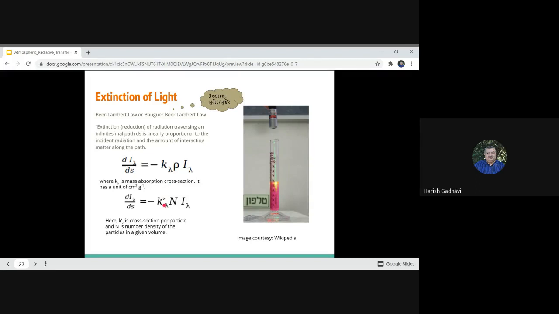You can also have one more unit we did not discuss last lecture: cross section per unit volume. But if you multiply by the concentration, you get a quantity called the extinction coefficient.